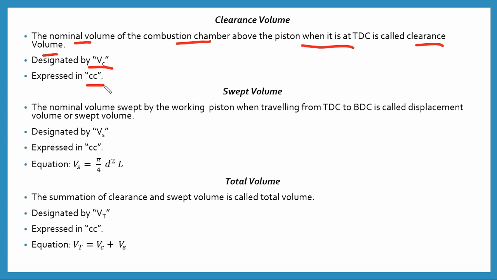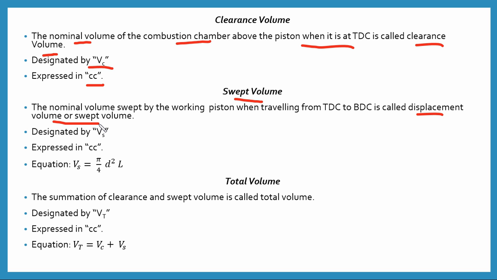Then the next parameter is the swept volume. Swept volume is also a nominal volume, when the piston moves from TDC to BDC. When the piston travels from TDC to BDC, within this stroke length, the volume of the combustion chamber is called the displacement volume or the swept volume.